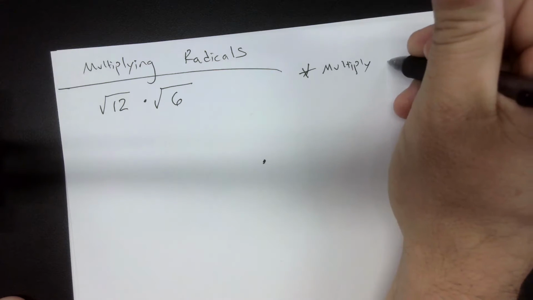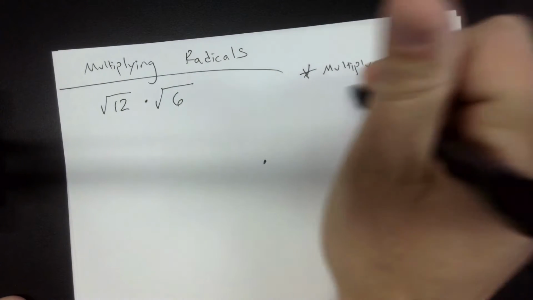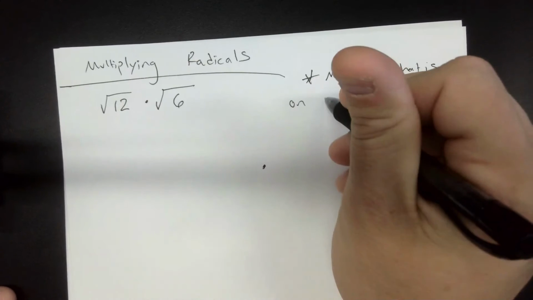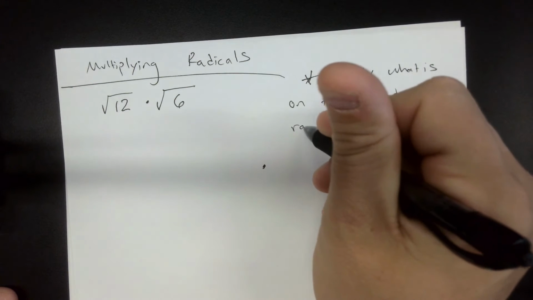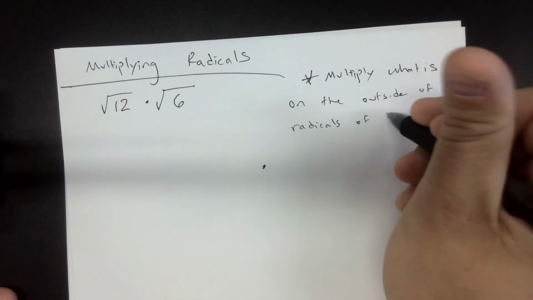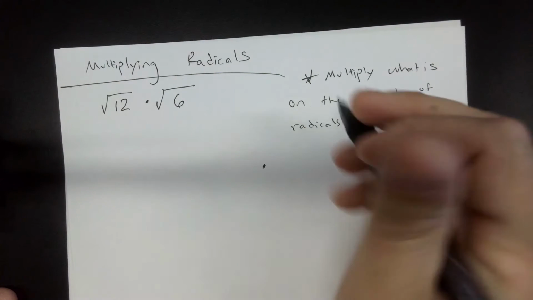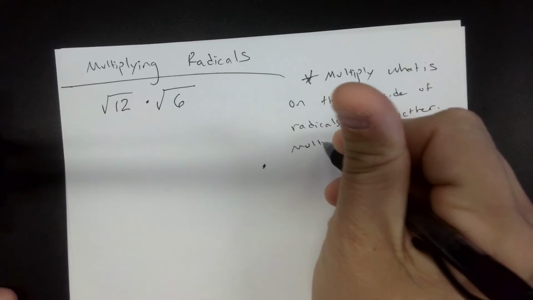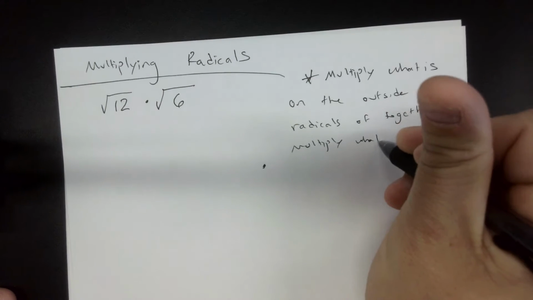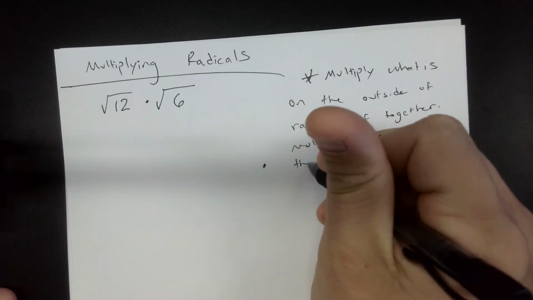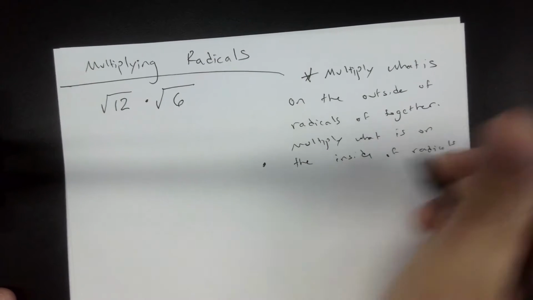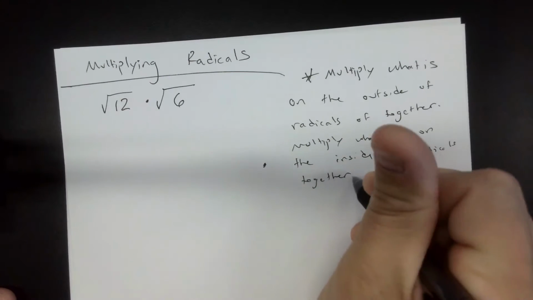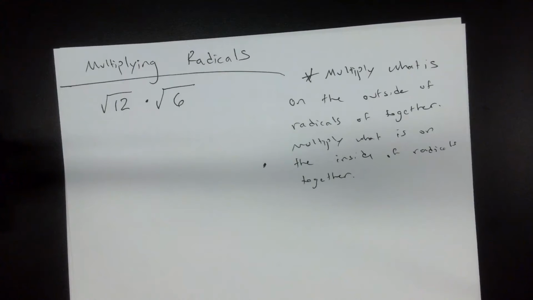Multiply what is on the outside of radicals together and multiply what is on the inside of radicals together. So multiply what is on the outside of the radicals together and multiply what's on the inside.